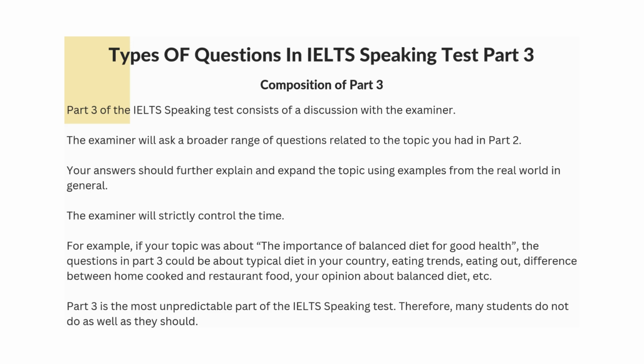For example, the topic you had in part two was what types of books children read in your country. So this is the topic. The direct question related to this topic could be, do you really think children can learn a lot from books?